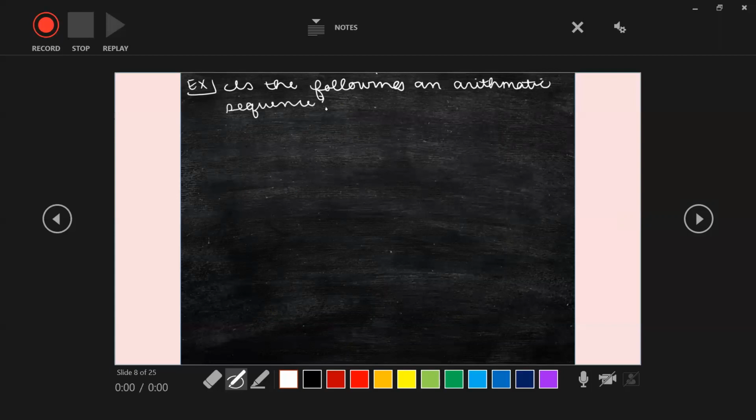And we'll have two different examples. So we'll start out with this one on the left where we have 3, 6, 9, 12, and 15.